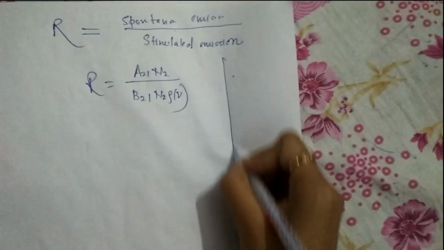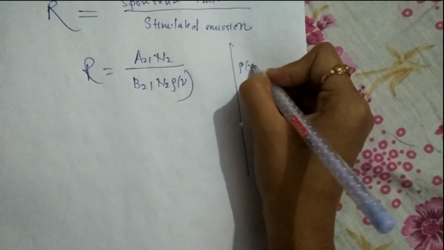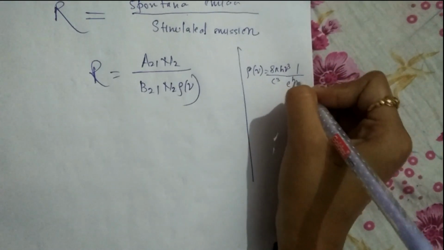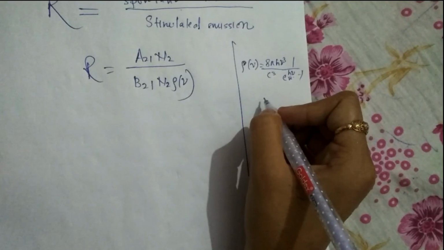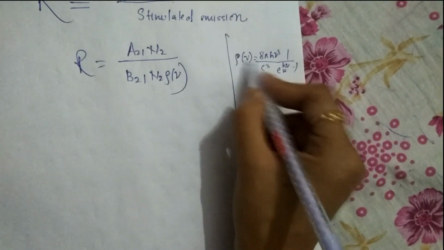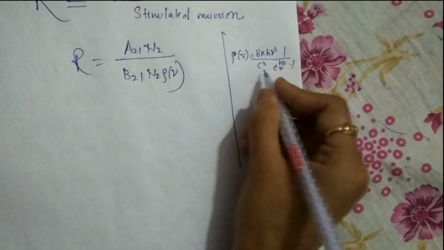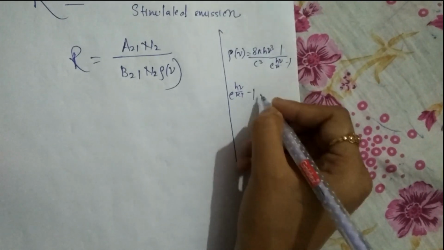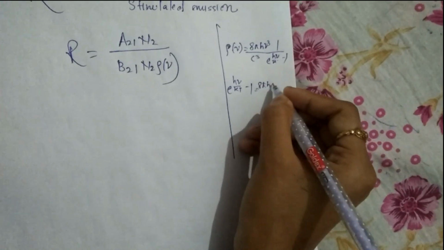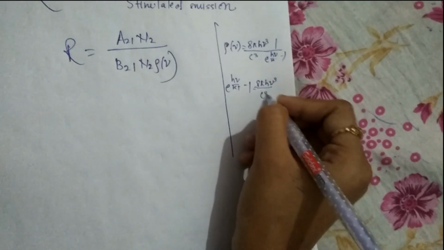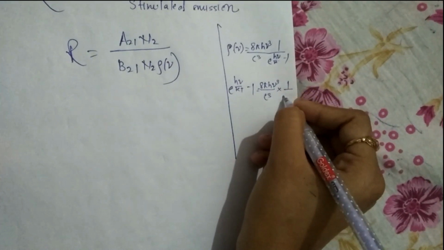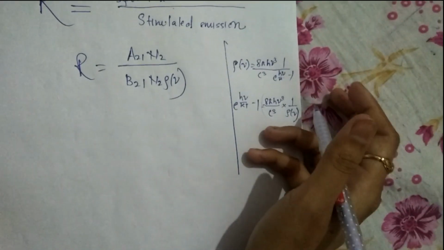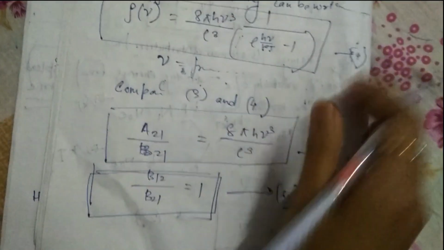Now we know rho nu equals 8 pi h nu cube by c cube times 1 by e to the power h nu by kT minus 1. Then replace this by this, we get e to the power h nu by kT minus 1 equals 8 pi h nu cube by c cube times 1 by rho nu. 8 pi h nu cube by c cube is what? A21 by B21, which is Einstein.